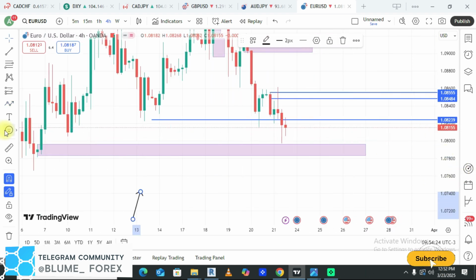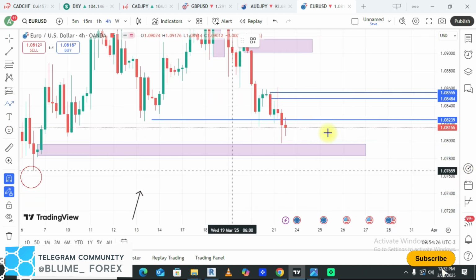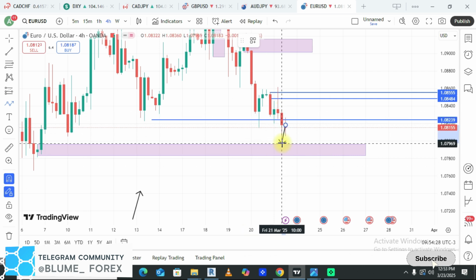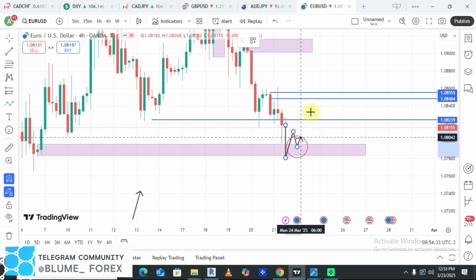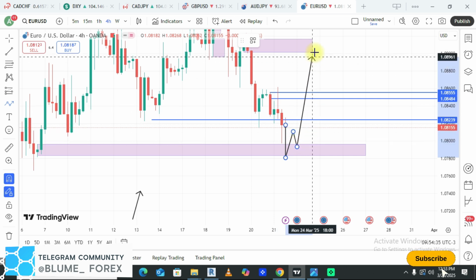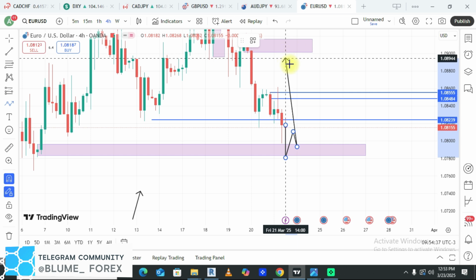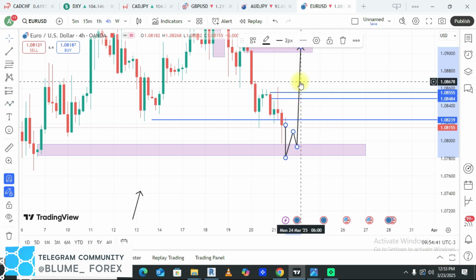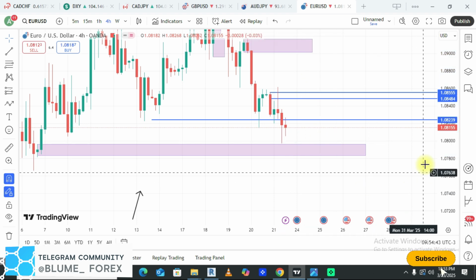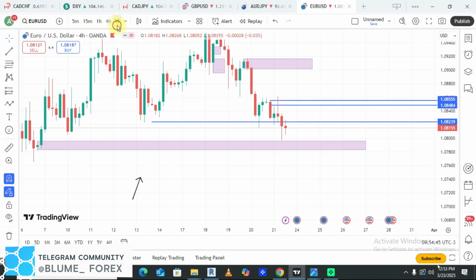So on the EURUSD, I'm expecting initially a bit of a push to tap into this demand, right? We shift sentiment, we push to the upside, right, tap above these highs, and then we drop to the downside. So initial bullishness, and then we shift bearish.